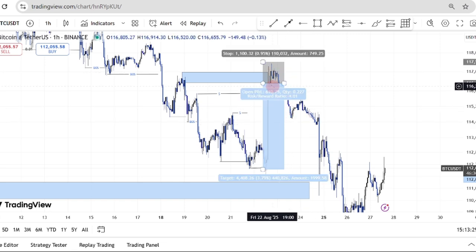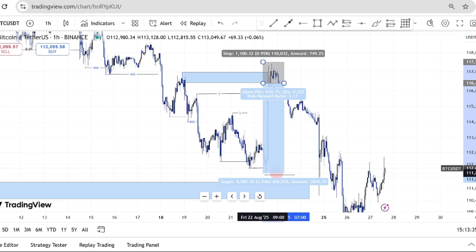Okay, so looking at this trade, my target was at the last low. My target was sitting at this last low, I think thereabout or before here. I think something like this.